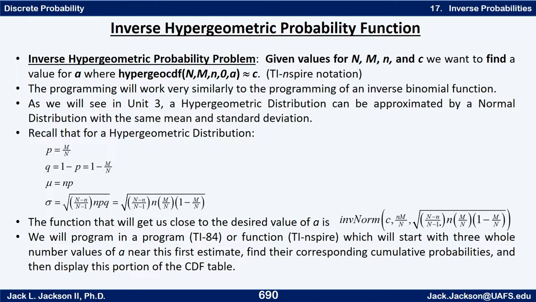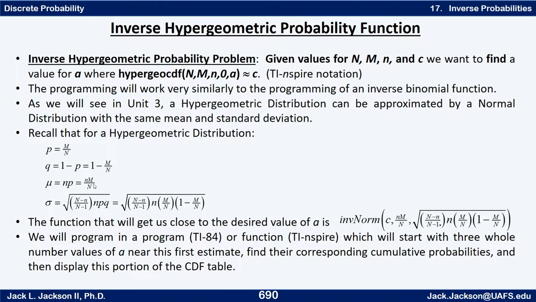P is capital M over capital N, which is the proportion of successes in the population. Q is 1 minus P, so that's 1 minus M over N. And the mean is n times P.